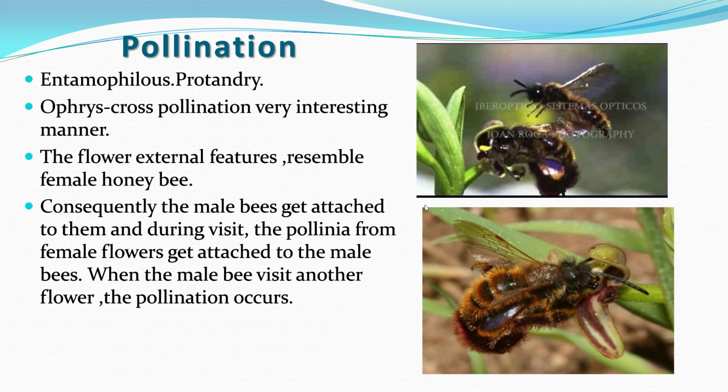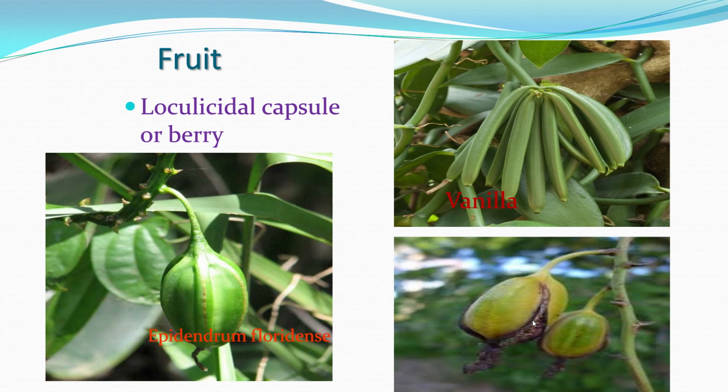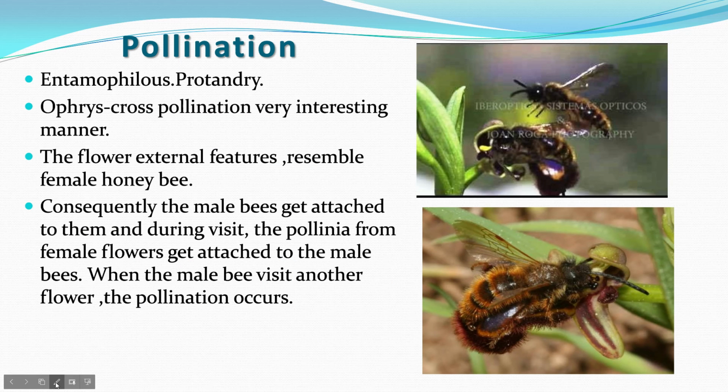So in Ophrys mascula, you can observe this is another plant, Ophrys mascula. Cross pollination occurs in a very interesting manner. You can observe the external features of the flower. It resembles a female honeybee, but the male honeybee thinks it is a female honeybee and attaches to that flower.